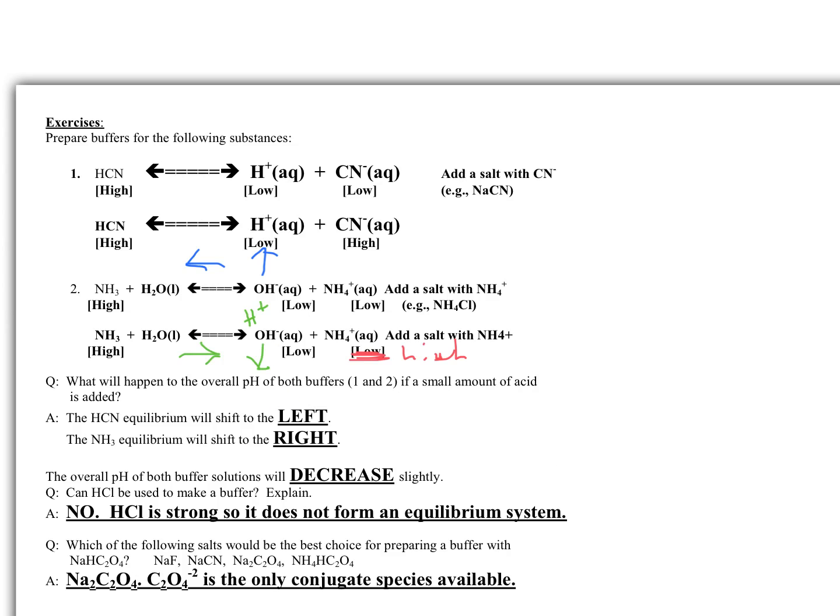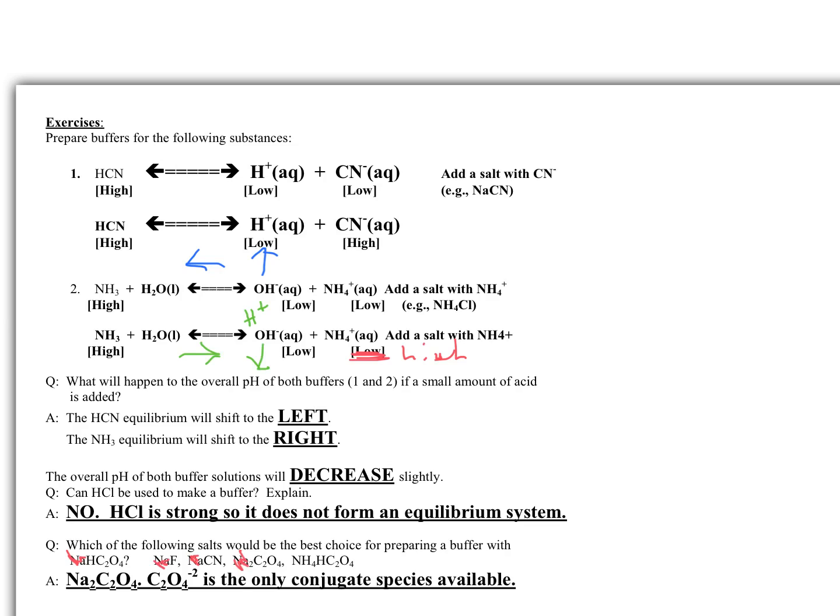Which of the following salts would be the best choice for preparing a buffer for NaHC2O4? Well, we always said we need our conjugate, and in this case we'll ignore sodiums because sodiums don't ever play a role. So ignoring our sodiums, we have HC2O4.